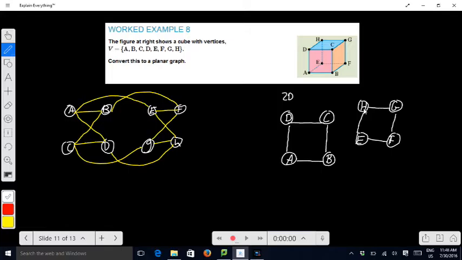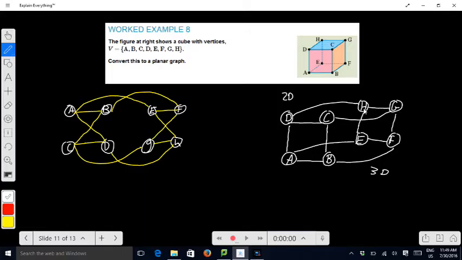So from D, I want a connection between D and H, as with C and G, A and E, B and F. That's what makes it a three-dimensional shape, connecting every vertex to itself almost, in a way.